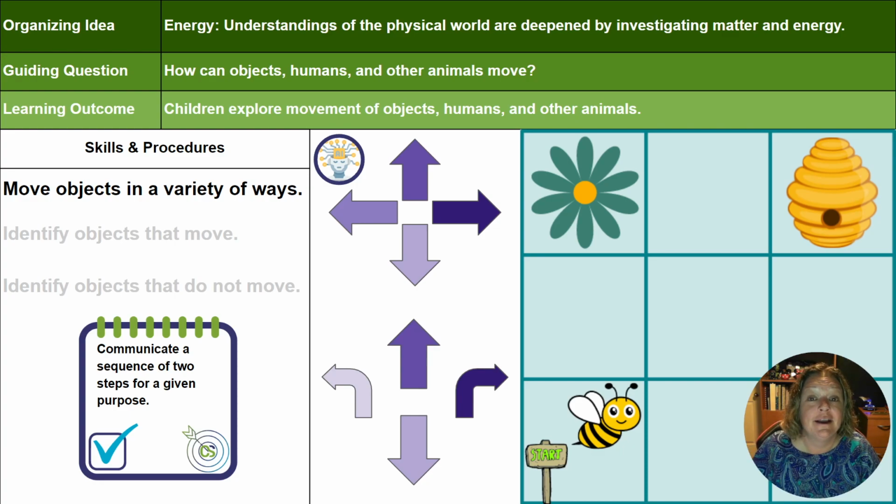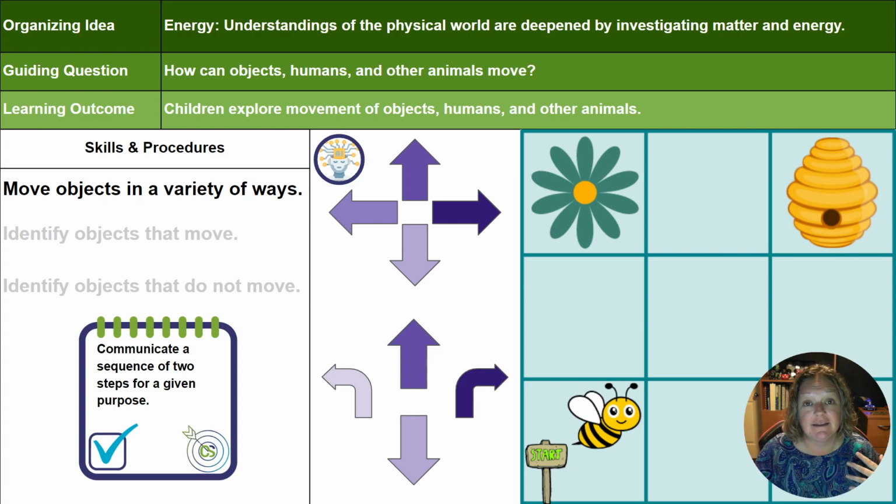We are communicating a sequence of 2 steps, which comes right out of the computer science curriculum. In fact, it would definitely be more than 2 steps your students are capable of putting in order when we're talking about little robots, or even if we're doing unplugged coding or doing these kinds of activities digitally with Chromebooks or on the smartboard or something.